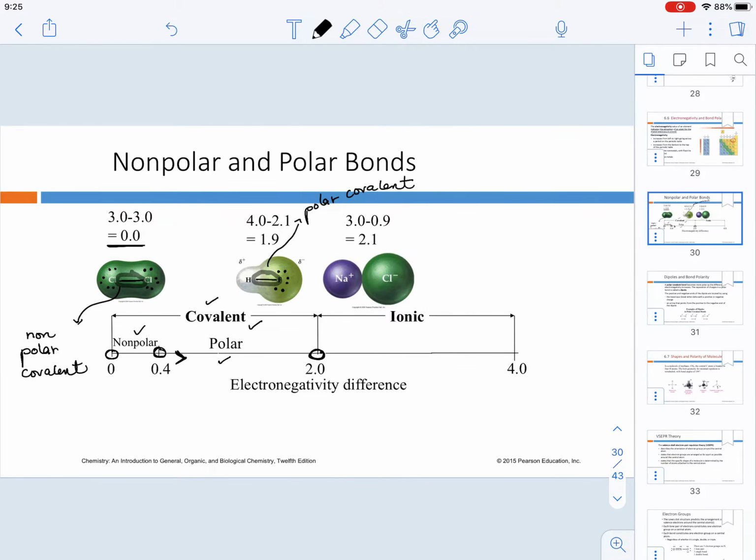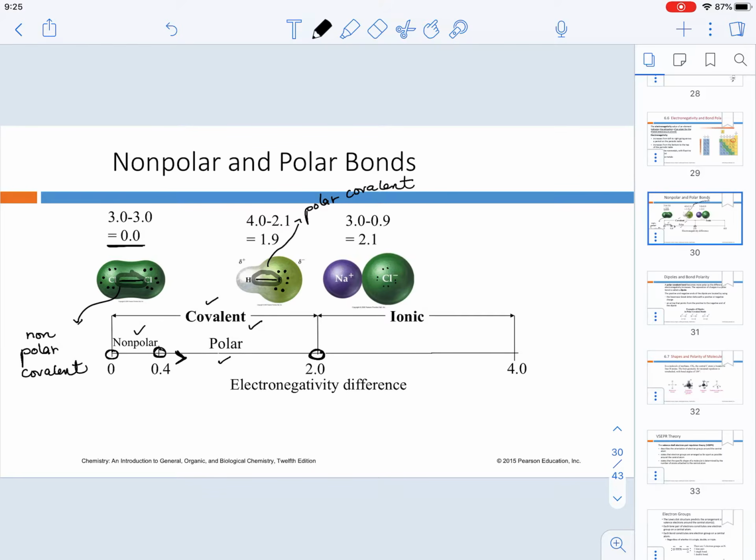Let's look at our third example. Here we have sodium and chlorine. Okay, we already know that sodium chloride is an ionic compound, but actually let's define this ionic bond. And remember, the ionic bond should never be written with a line. It's just the positive charge on the sodium. The chlorine is negatively charged. So technically, this is how we illustrate an ionic interaction or an ionic bond between these two elements.